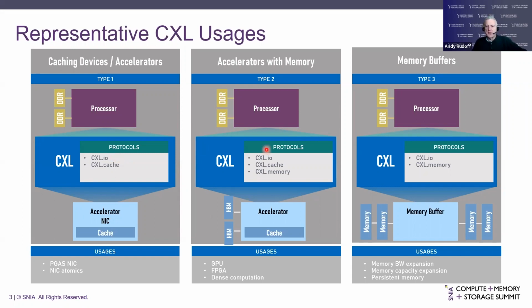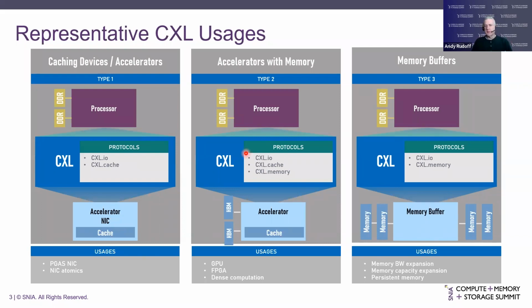And you can see every type of device supports CXL.io because you want to be able to enumerate these devices and manage them. A type 1 device has CXL.cache, which allows an accelerator to have its own cache that's part of the CPU's cache coherency domain. An example of this would be a SmartNIC.